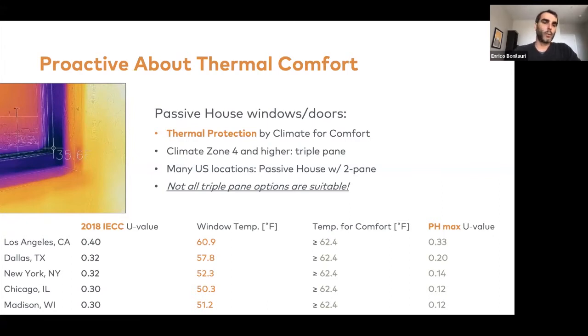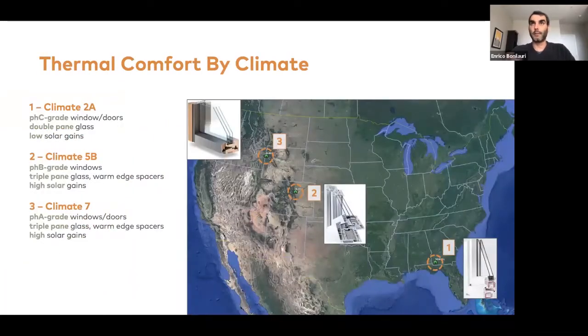So in other words, code has a reactive approach to thermal comfort, whereas passive house has a proactive approach, meaning that comfort drives performance. And on a practical level, this translates to different products being used in different climates.